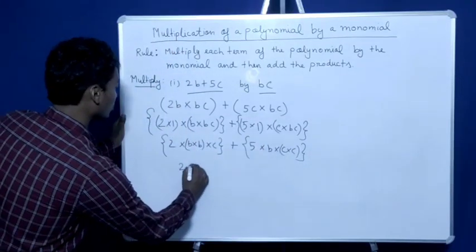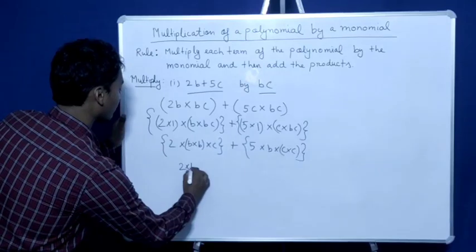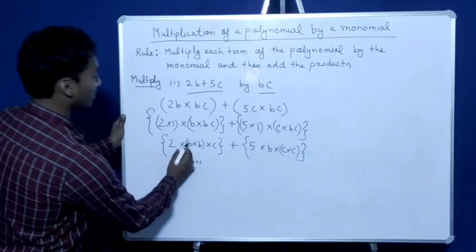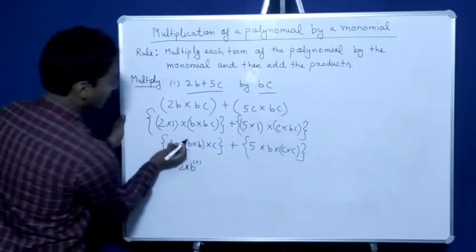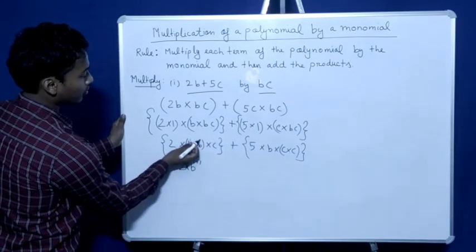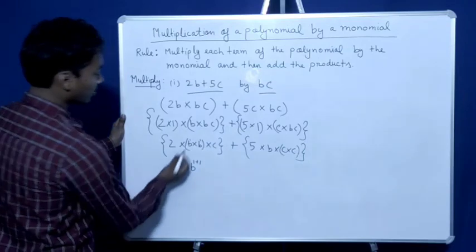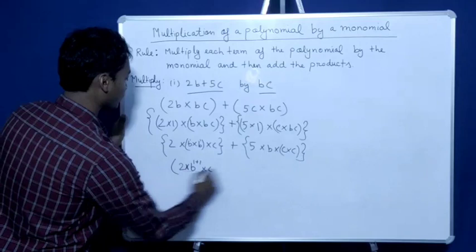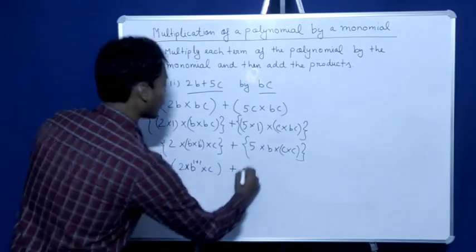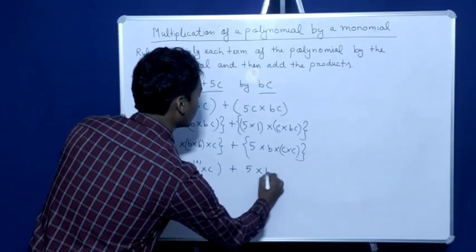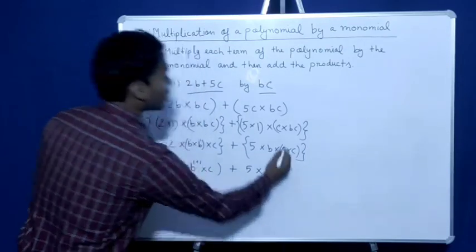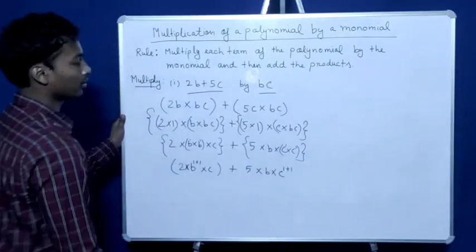So 2, and here we have b raised to the power 1 plus 1, we can say. So if we have nothing, it means we have 1 as the exponent, right? So we can add, multiplied by c, plus 5 into b into c raised to the power 1 plus 1, here we have 1, here we have 1, c.